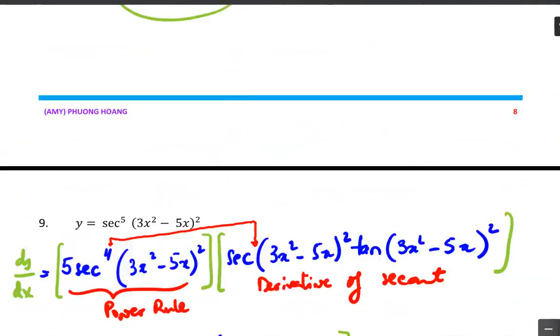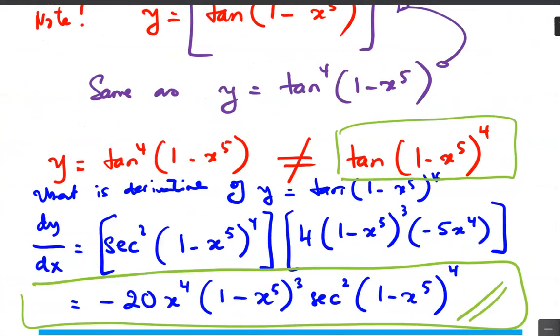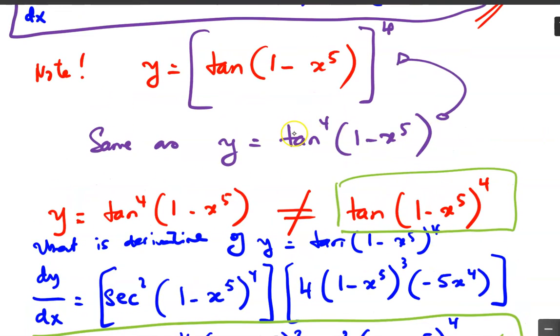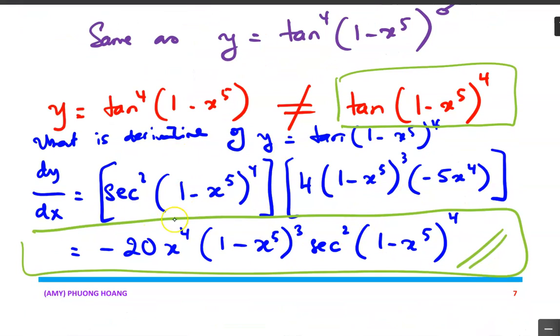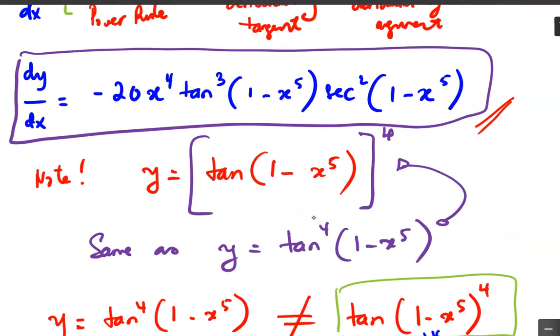We saw a difference between the two. Tangent to the exponent 4 of this is the same as writing it like this. And it's totally different if you take this 4 and put it as your argument. Doing that changes the entire function, and when you differentiate it, your answer is totally different.